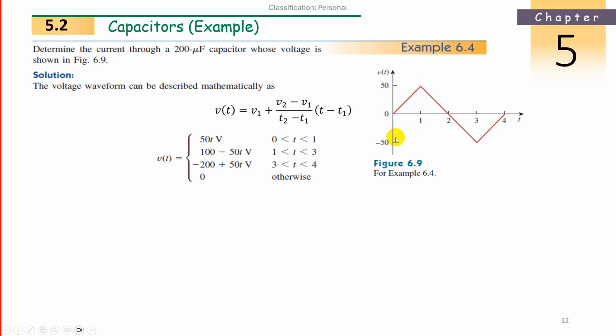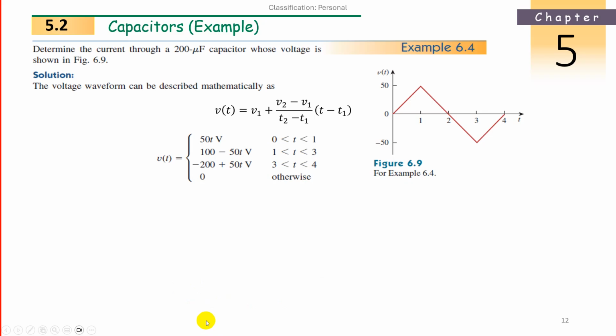So 50 by 1 is 50. Now t minus T1, where T1 is 0, so t minus 0 is t. So 50 times t, and V1 is 0. So the voltage is 50t. Just substitute these values as per the slope, initial and final, then you will get the equation.